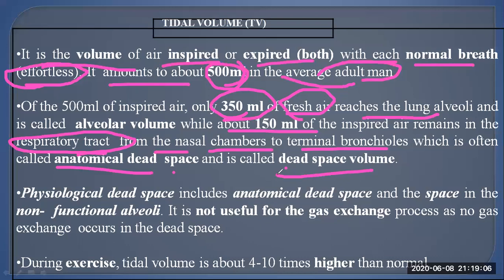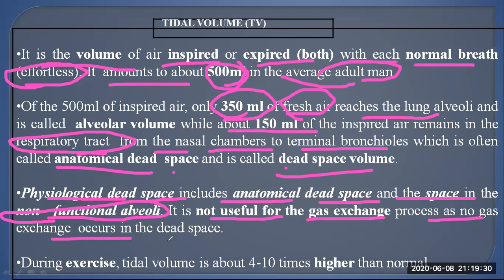Now the physiological dead space also includes the anatomical dead space and the space in non-functional alveoli. Why? Because it is not useful for the gaseous exchange process, and no exchange occurs in the dead space. So this 150 ml is not used, and this is called the dead space volume. 350 is the actual tidal volume.